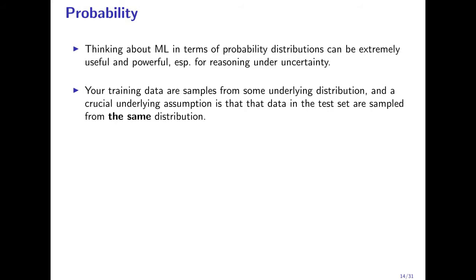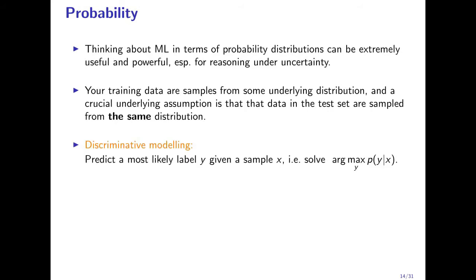Then we also have generative modeling. So the idea there is to basically try to model the distribution of the data. So we're basically trying to find this joint distribution of the data and the labels. So it's a different way of thinking about this. But these two equations will actually give you the same answer.